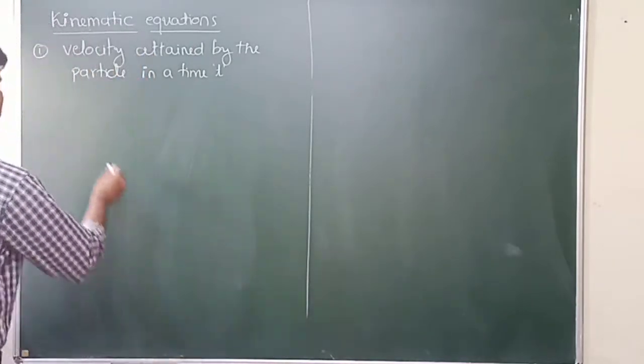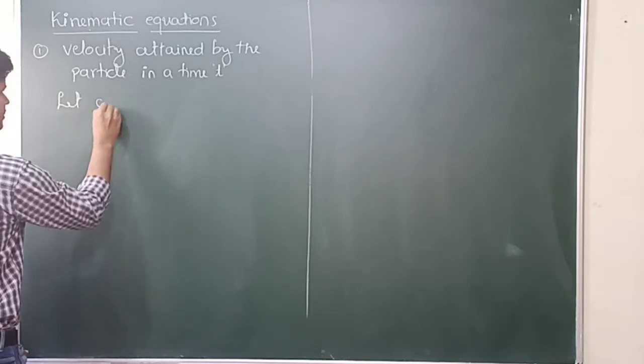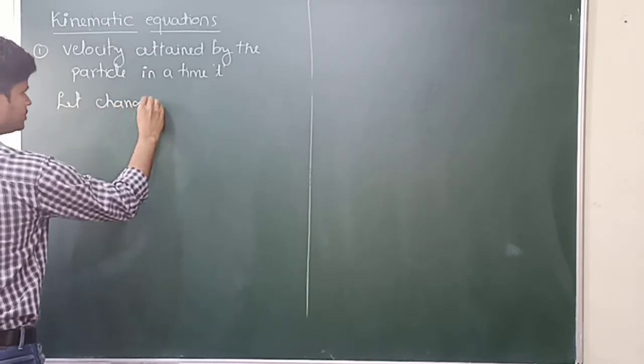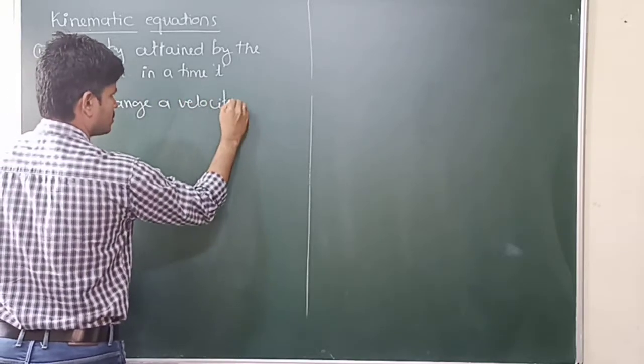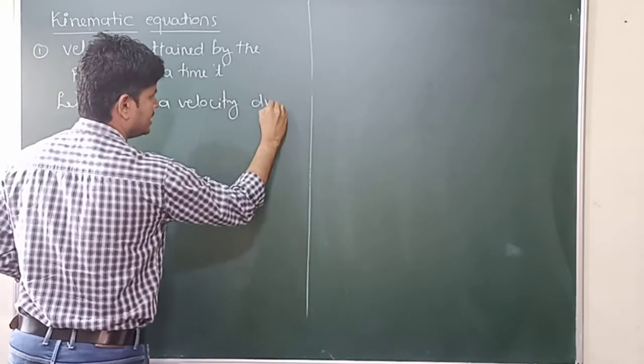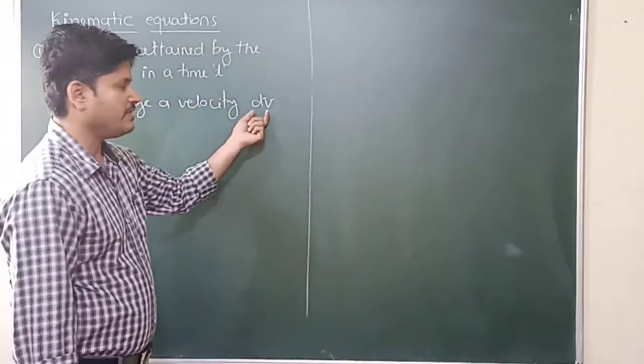It is the first equation. Let a particle change its velocity by dv. That change in the velocity I will represent as dv, right?